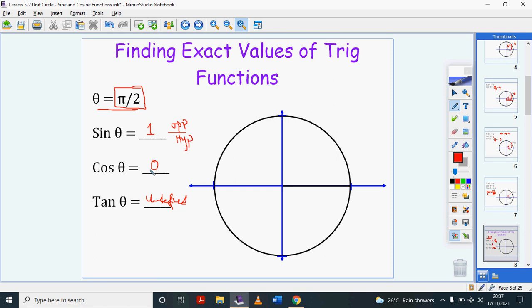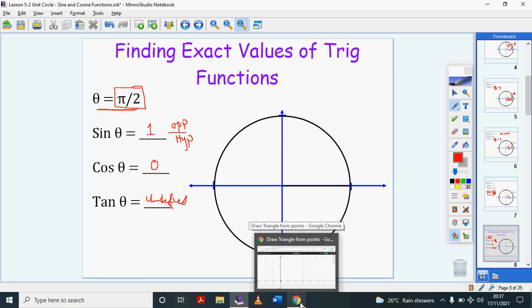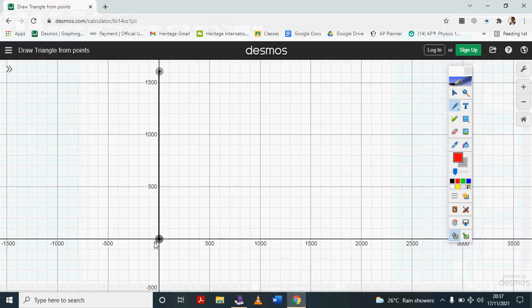The same logic can be used for the cosine of 90 degrees. When we look at this triangle, because the cosine is supposed to be adjacent over hypotenuse, when those two are equal, there is no adjacent side. I hope you can see that at the base these points are the same.